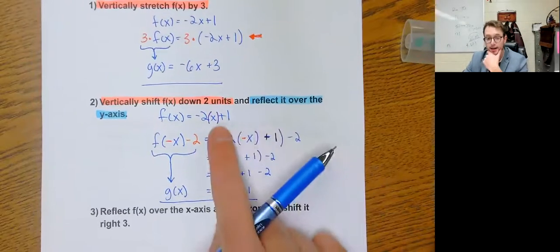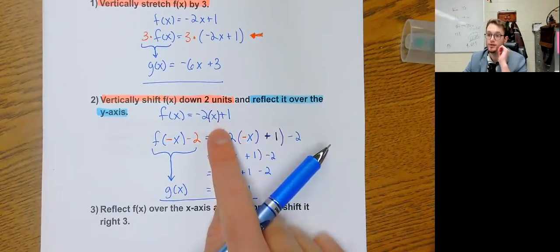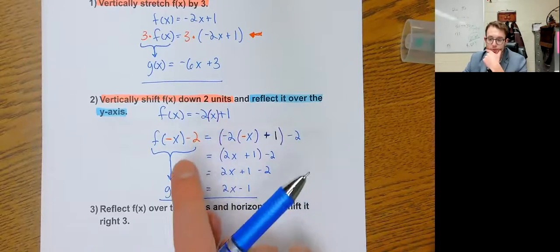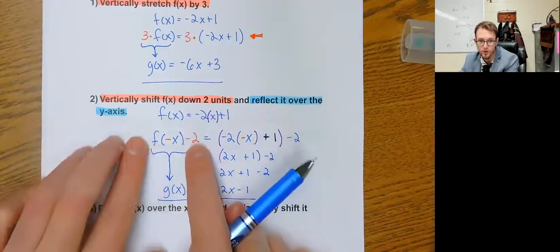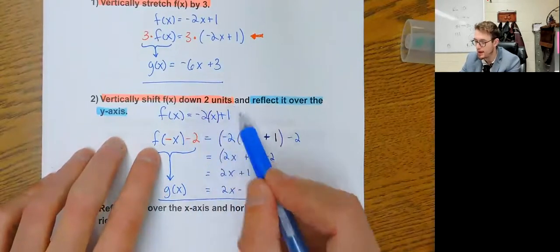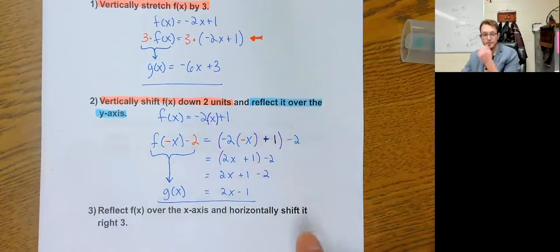But when there's not, you have to create parentheses around just the variables, just the inputs, not around anything else. But when we are doing it to the whole function, like minusing 2 off of the whole function, you have to create parentheses around the entire function, around everything, and then do it on the outside of those.